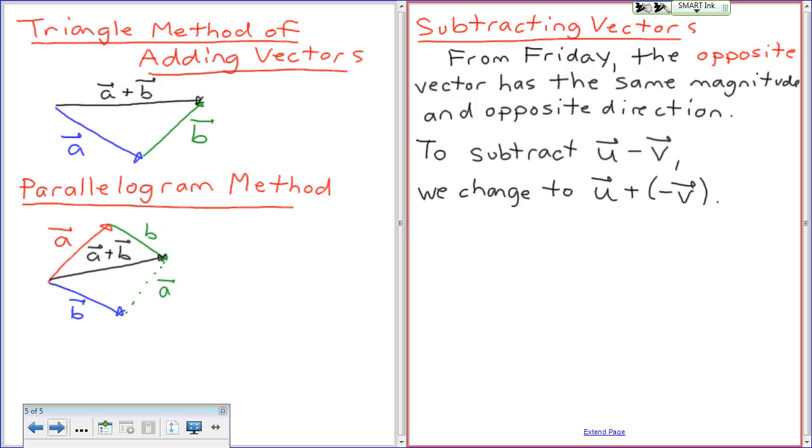So what we're going to do is, when we subtract two vectors, we're still going to add them, but we're going to add the opposite of the second one, if that makes sense. Okay, so that's how you're going to subtract vectors. So let me just write what that says here. So we're going to change the direction of v, and then add it like in the previous examples. Like I said, this is a totally exciting lesson.